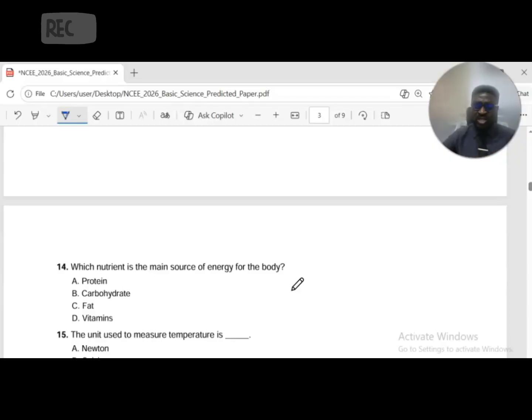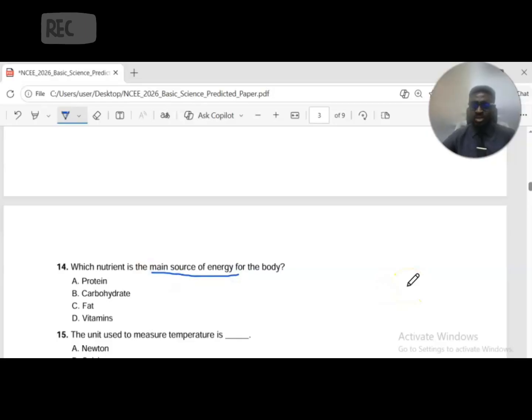But for the macronutrients, the body requires them in large quantities in order to carry out its daily function or day-to-day metabolism. So is it option A, protein, option B, carbohydrates, option C, fat, option D, vitamins? Which one is the main source of energy for the body?